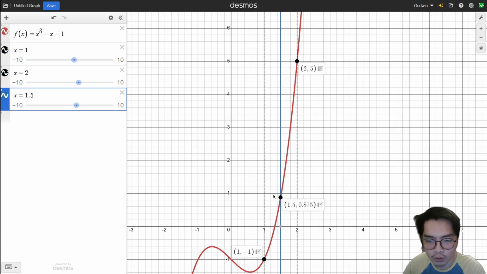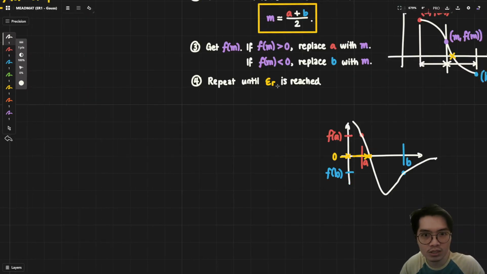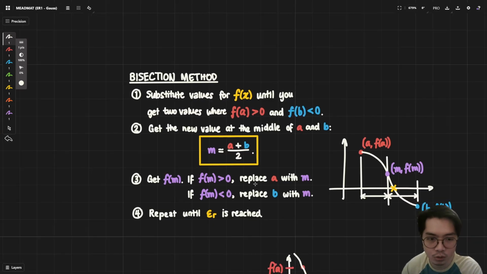If you replace the lower bound, well, both of these values are now going to be positive. Both your f of a and f of b are now going to be positive. So that's not going to guarantee that the root is somewhere in there. Therefore, if it's positive, you replace the positive. If it's negative, you replace the negative. So this is what's supposed to happen, right?